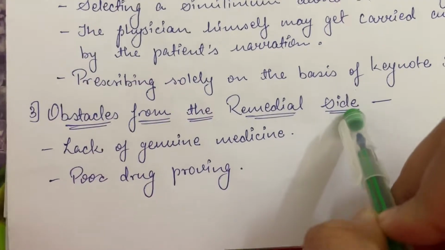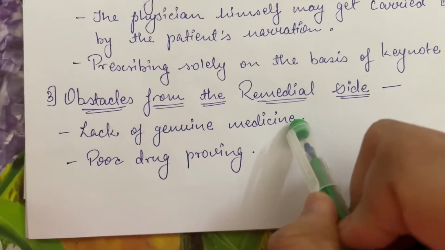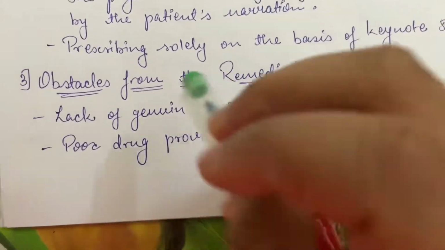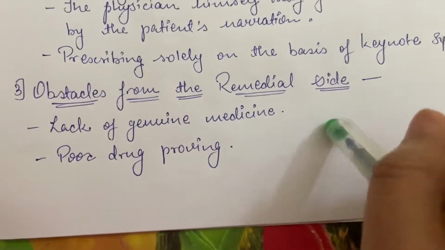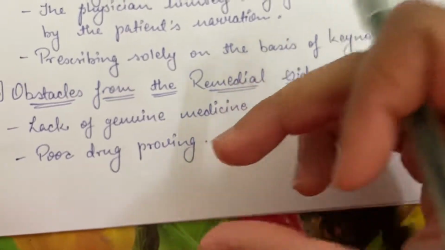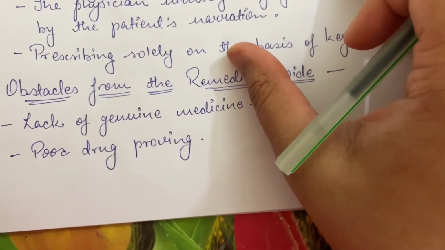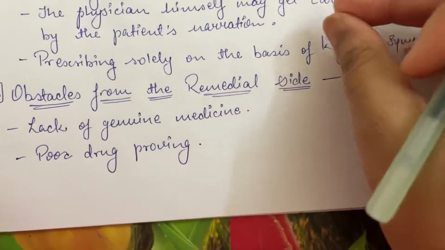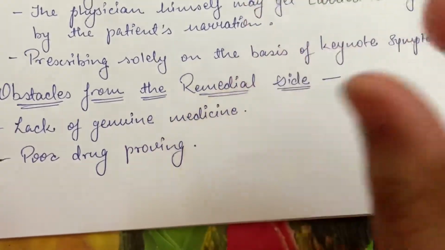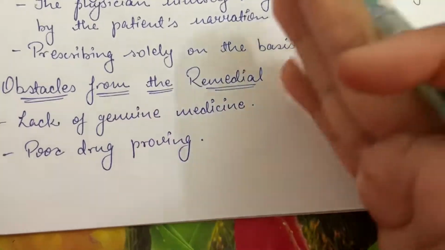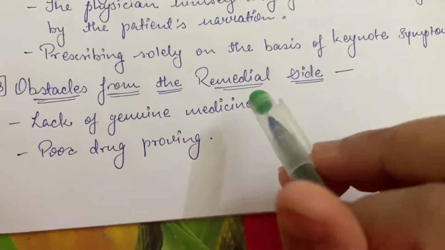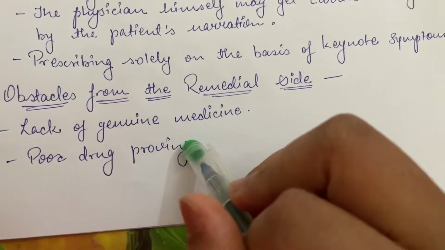Obstacle from a remedial side. ठीक है, तो lack of a genuine medicine. What do you mean by lack of genuine medicine? We are not dispensing the medicine. Our work is just to prescribe the proper dose, proper medicine, proper repetition. ठीक है, so जो भी कोई dispensing का काम रहता है, that is done by the pharmacist. ठीक है, तो जो फार्मासिस्ट है वो ठीक से potentized medicine दे रहा है, उस मेडिसिन की क्वालिटी अच्छी है, वो मेडिसिन pure है या नहीं, that all the checklist should be done by the pharmacist, and that should be seen by the patient itself and the physician itself.